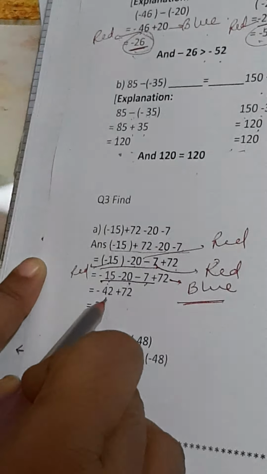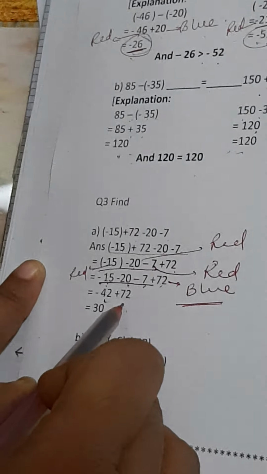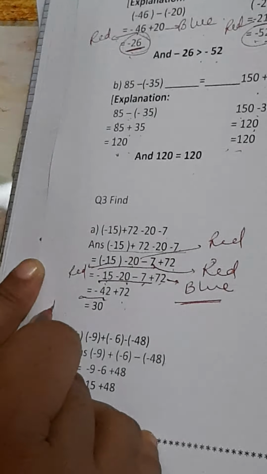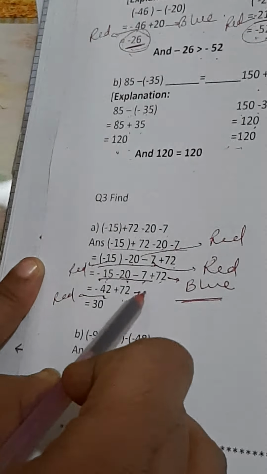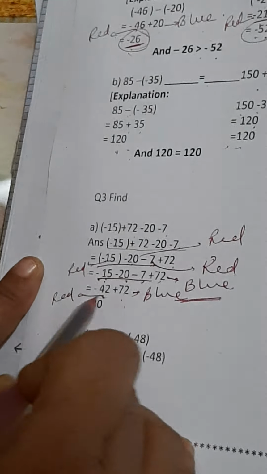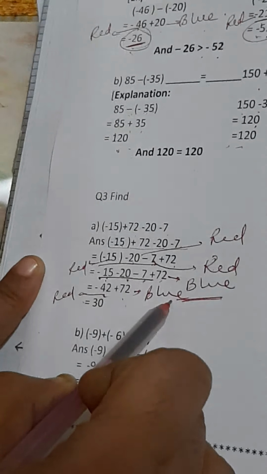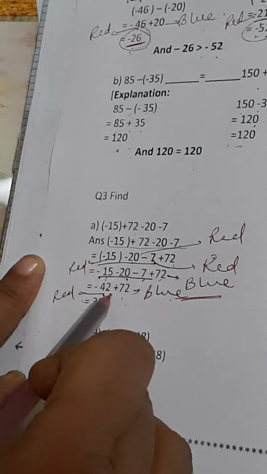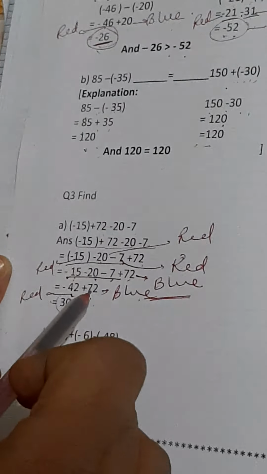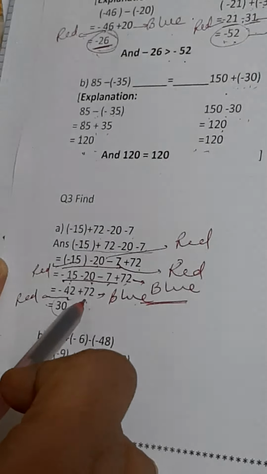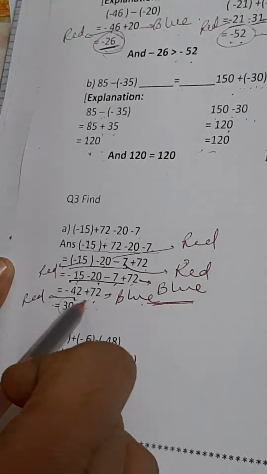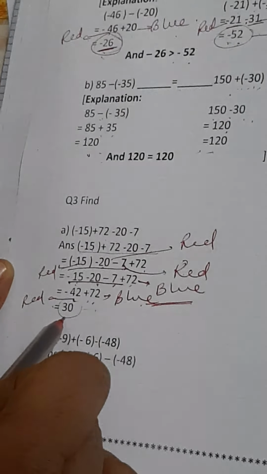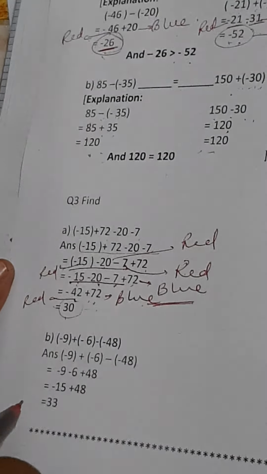Now here it is minus 42 and I got plus 72. Minus 42 means red and plus 72 is blue. So red and blue means what I have to do? I will have to subtract and I got 30. Now जो बड़ा दिख रहा है वो 72 है और 72 के पास प्लस साइन है तो आंसर में भी प्लस ही होगा. Now let us see the last question.